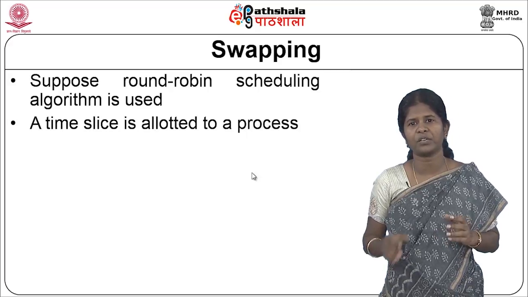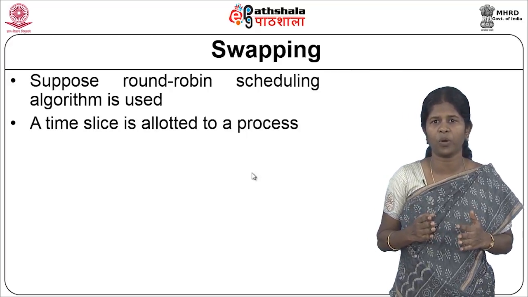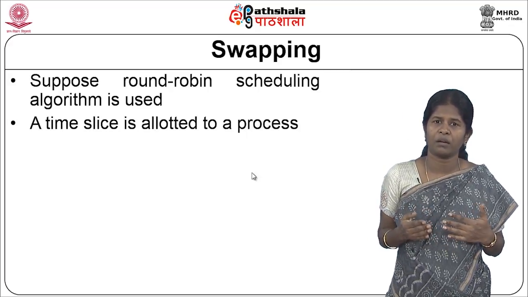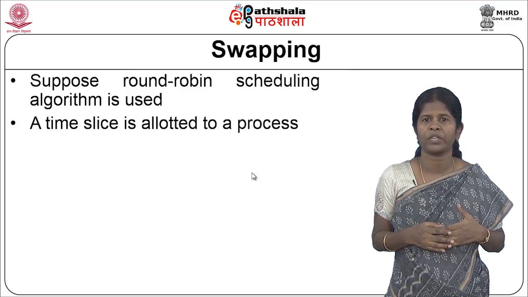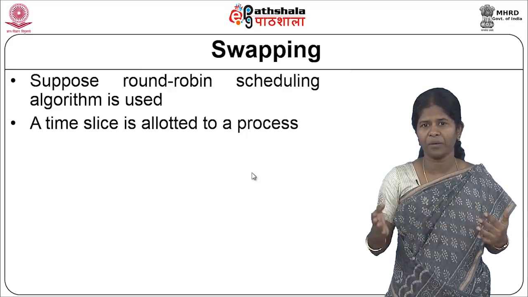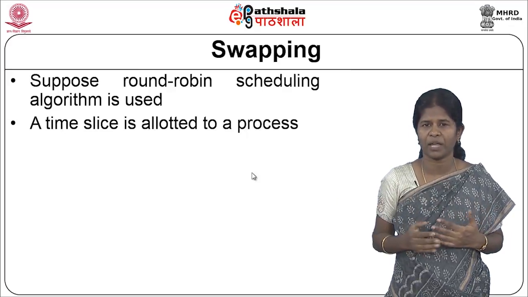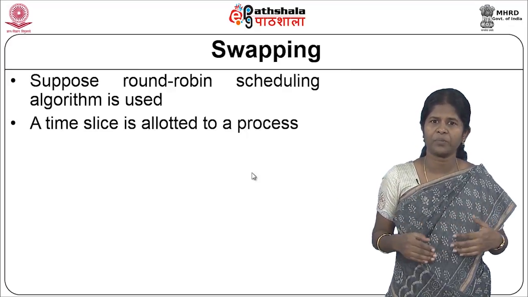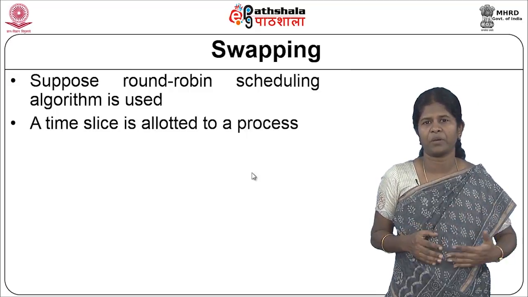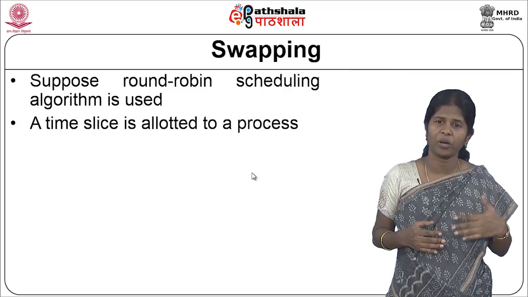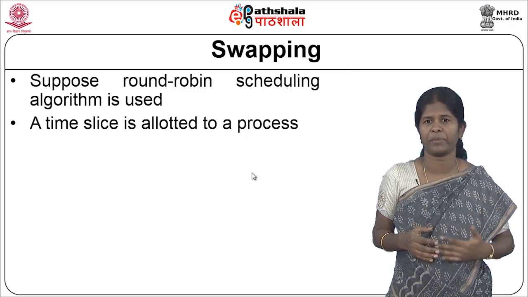After its time slice gets over, the process will be removed from the CPU and some other process will be given the CPU. Now say there are 10 processes using this time quanta, and we may not be able to keep all the 10 processes in the main memory.